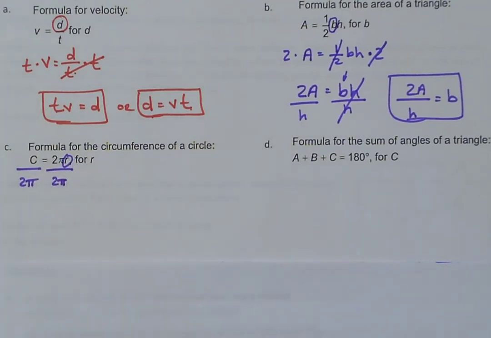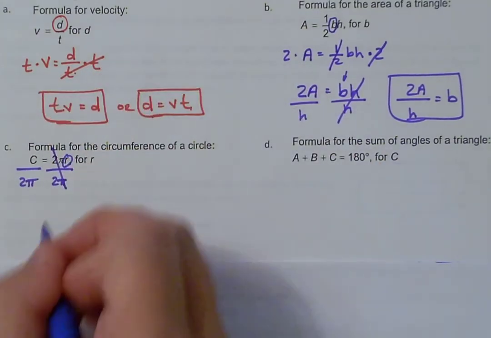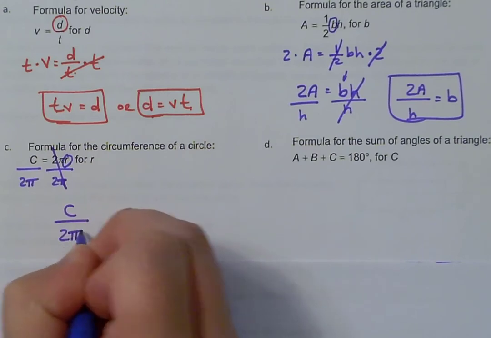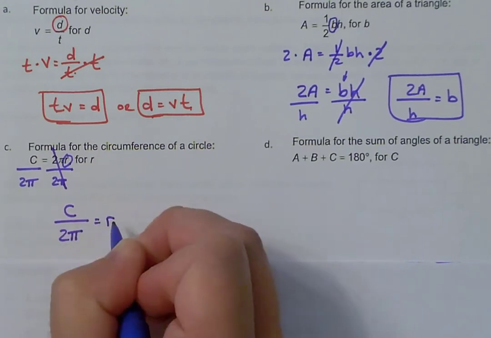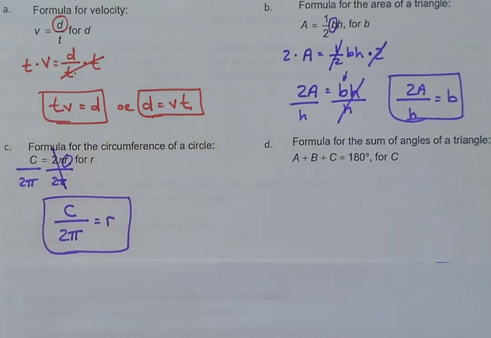So 2 pi cancels on the right, and we're left with C over 2 pi equals r. And r is isolated, therefore that is my answer. So to solve for r in the circumference of a circle, you divide by 2 pi, and you get C over 2 pi equals r.